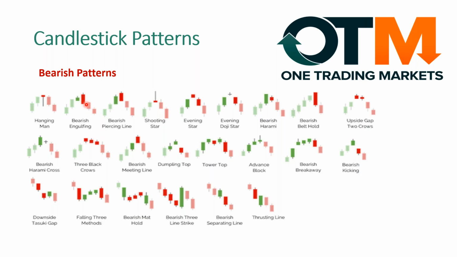Now, the next day, it started with a gap. Like we said, the green candle opens at the bottom and closes at the top. But the red one opens at the top and closes at the bottom. Notice how the next day started with a gap here. And it dropped all the way down and closed below the open price of the first candle.